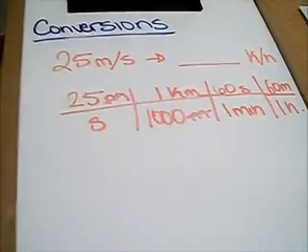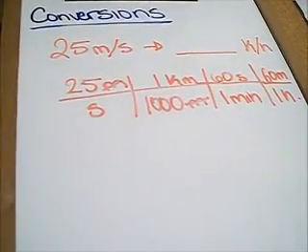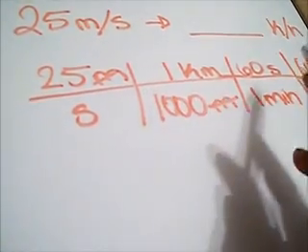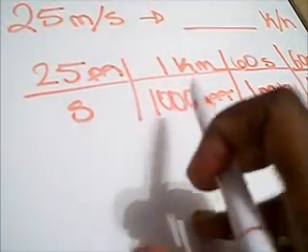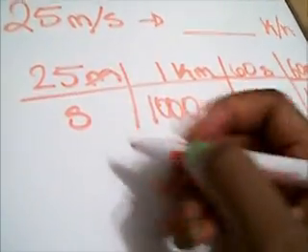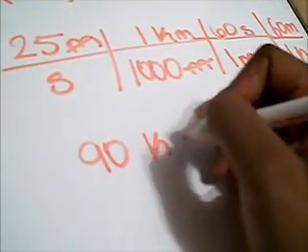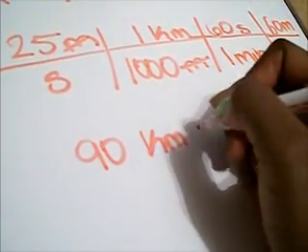And then again, you multiply the top and you divide it by the bottom. So 25 times 60 times 60 divided by 1,000 equals 90 kilometers per hour.